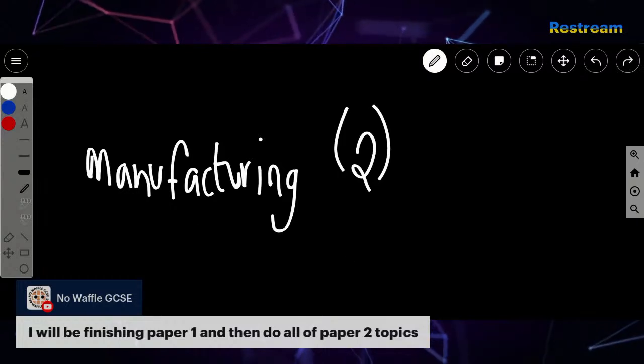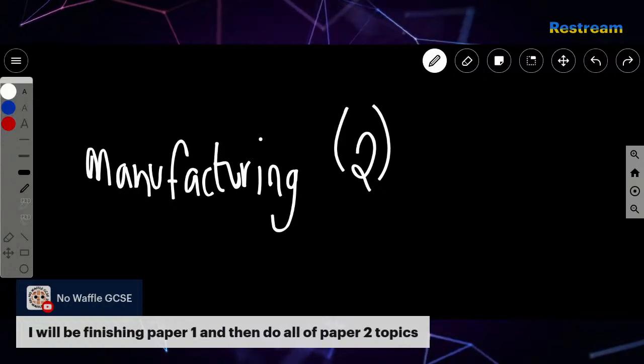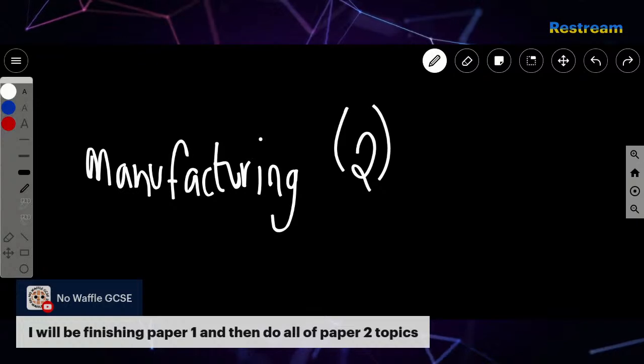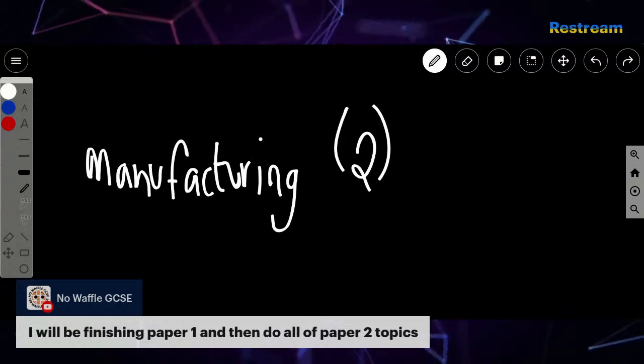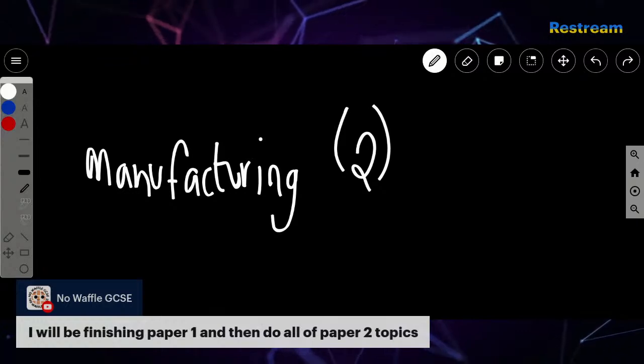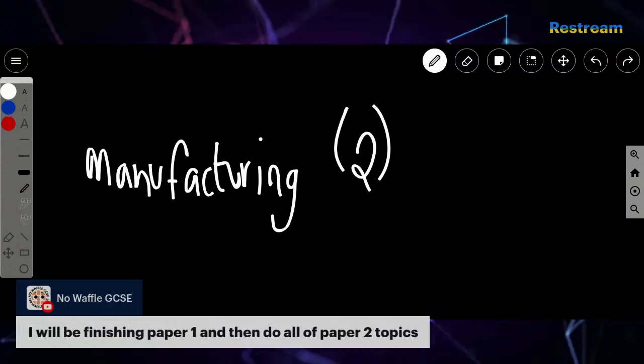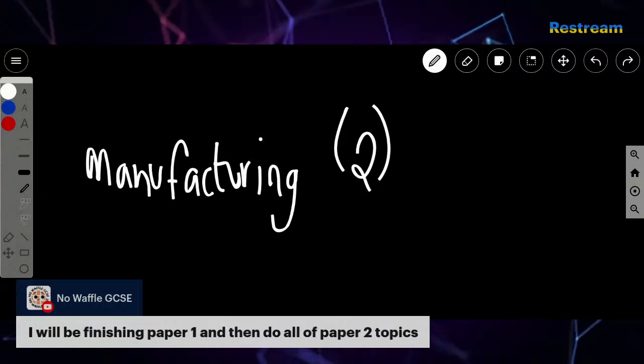And then we have tertiary. Tertiary is things like services. This can be something like teachers, retail, entertainment, things like that. And then you have your final one, your quaternary, which is information technology. And as you go up the primary, secondary, tertiary, quaternary, you'll soon realize that the further you go up, the more money you will make.